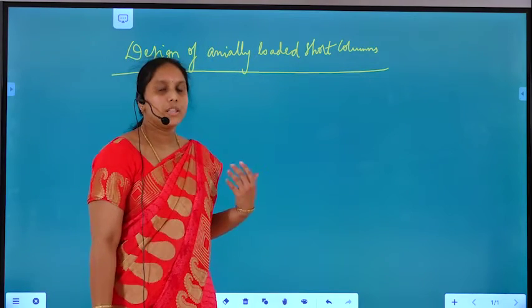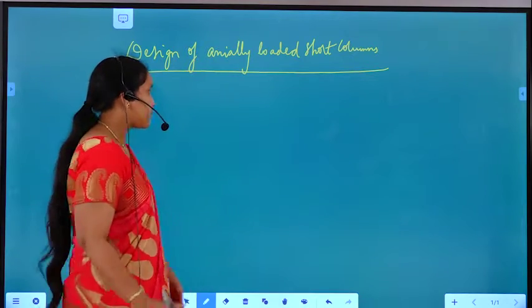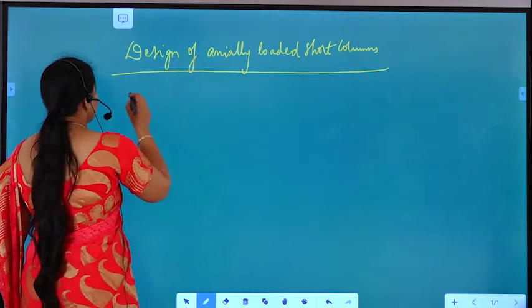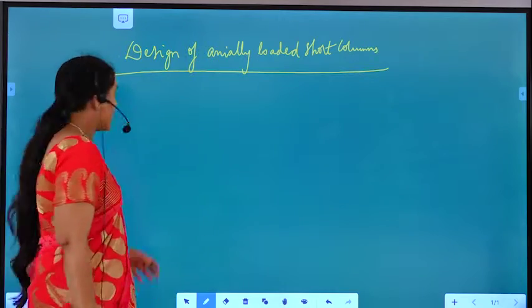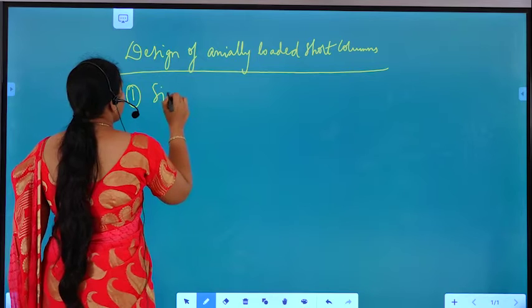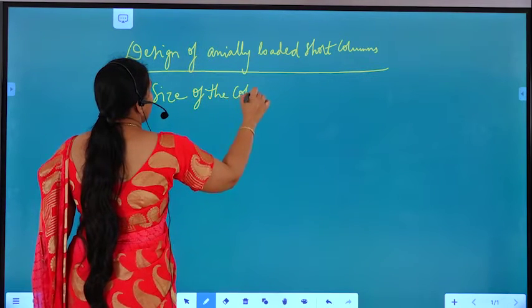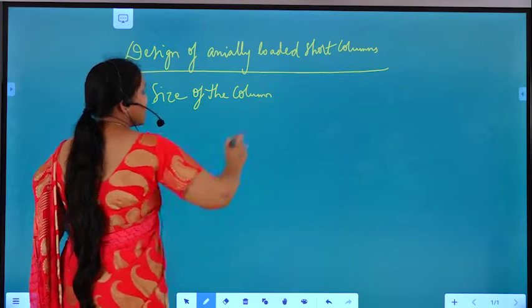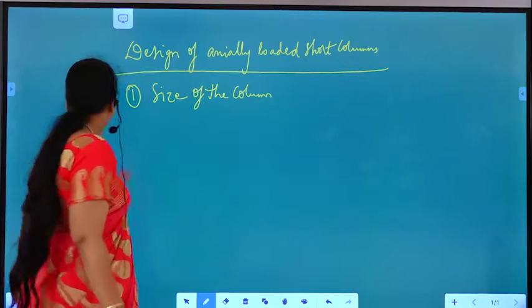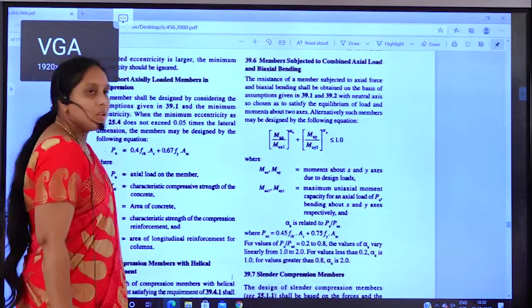For the design of an axially loaded column, first we have to find out the size of the column, that is, the dimensions of the column. We'll see how we have to find that out.